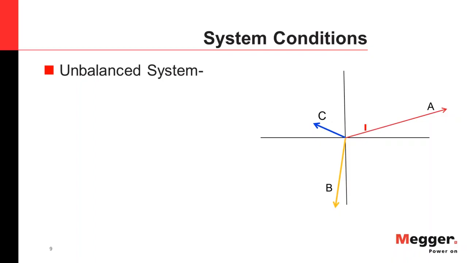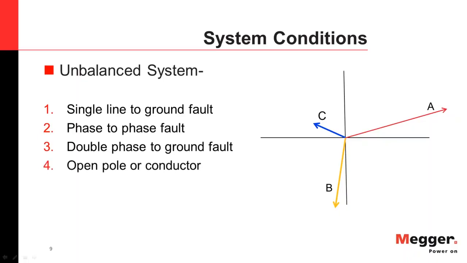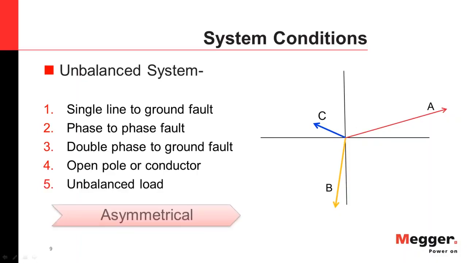The examples of an unbalanced system would be a single line to ground fault, phase to phase fault, double phase to ground fault, an open pole condition, or an unbalanced load. All these conditions will give you an idea of the unbalance. They will tell you that an unbalanced system exists. And you can see the asymmetry in the vector diagram, which is why people call an unbalanced system an asymmetrical system as well.